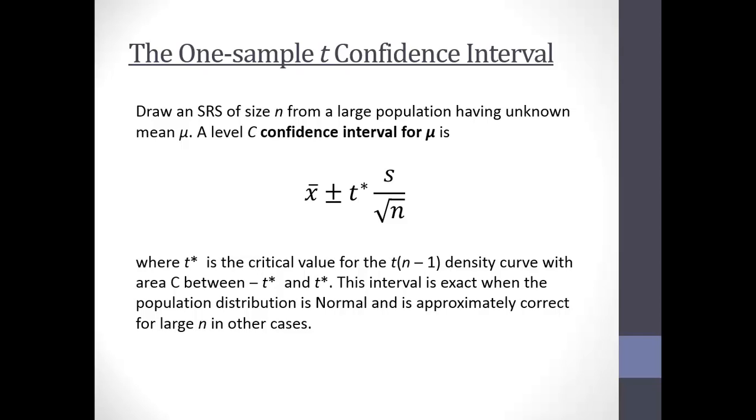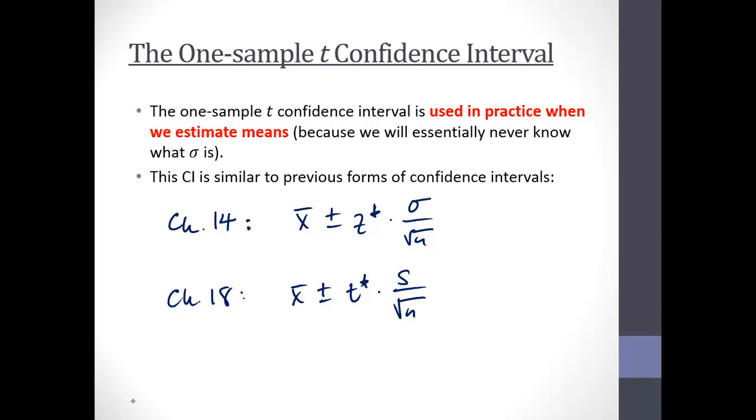So what we got through in class on Friday was this new formula for a confidence interval, with the same setup. We have a simple random sample from a large population. Our confidence interval is x bar plus or minus t star times s over the square root of n, where t star is that new critical value we looked at. Just a reminder, this is what we're going to use in practice.